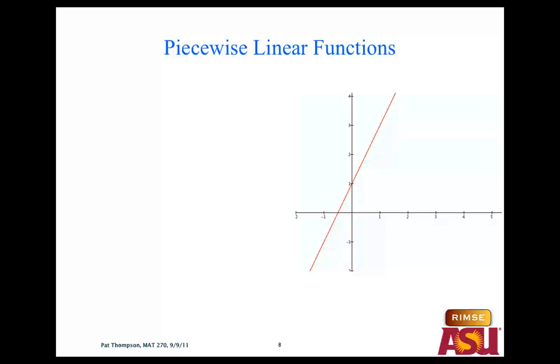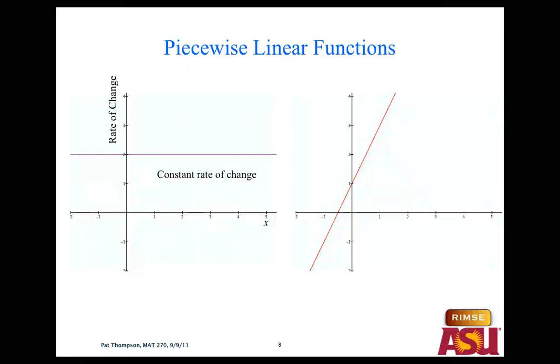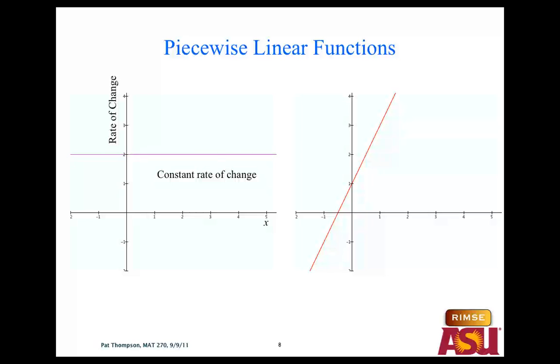Now instead of having the y value vertically, it's going to be the constant rate of change vertically. So what will that graph look like? At 2. At 2, okay? Now instead of y, it's just showing the rate of change. So these two are showing the same constant rate. This one is actually graphing the constant rate. This one is showing how y is changing at that constant rate.